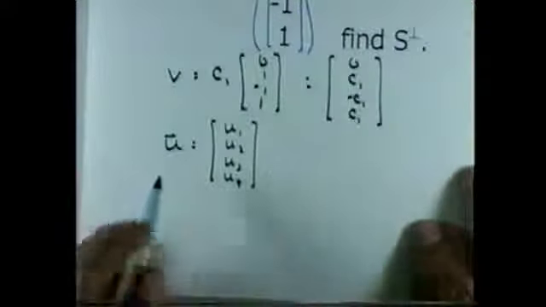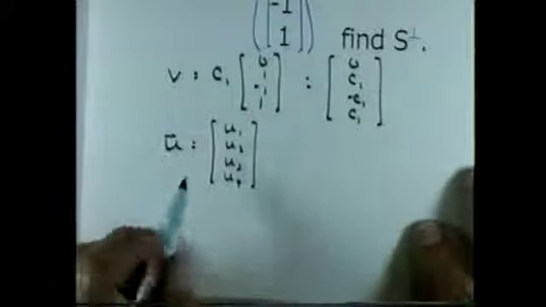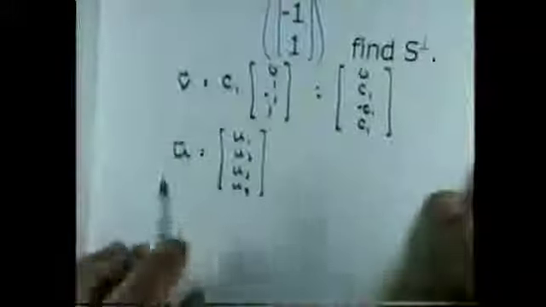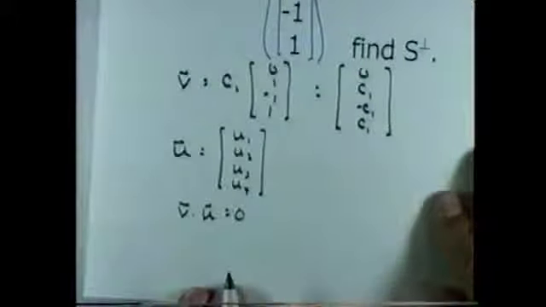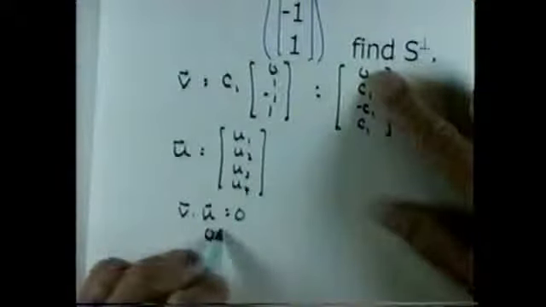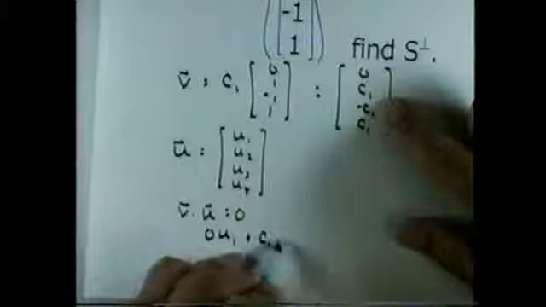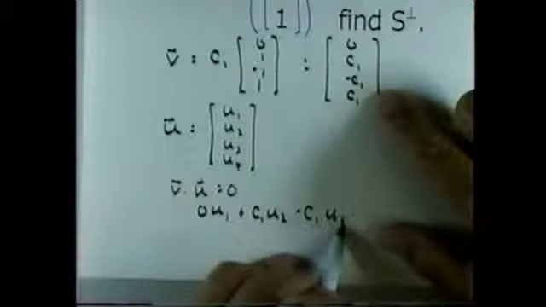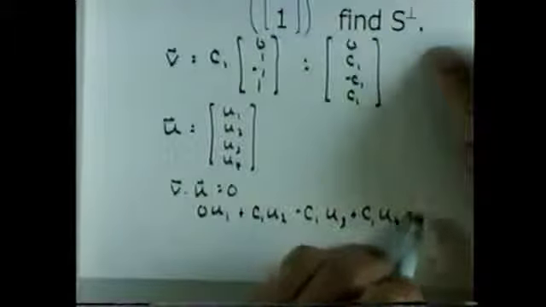Now we want to find the set of all values for U1, U2, U3, U4 so that V dot U is equal to 0. Well, if we do V dot U, we're going to have 0 U1 plus C1 U2 minus C1 U3 plus C1 U4 is equal to 0.